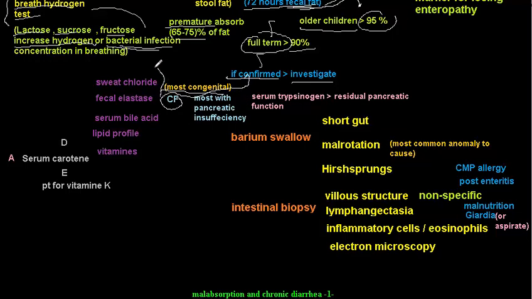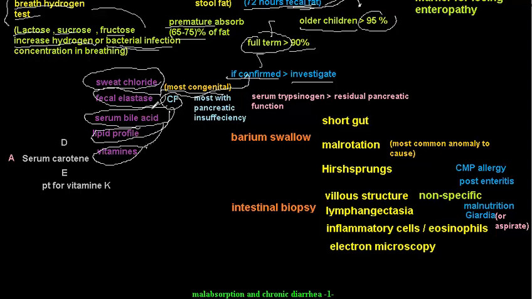For cystic fibrosis, do a sweat chloride test, fecal elastase, serum bile acids, okay. This is for cystic fibrosis. Lipid profile, very important. The vitamins, okay. In fat malabsorption, we have a decrease in vitamins like vitamin D, vitamin A, vitamin E, and vitamin K. You have to check them all.